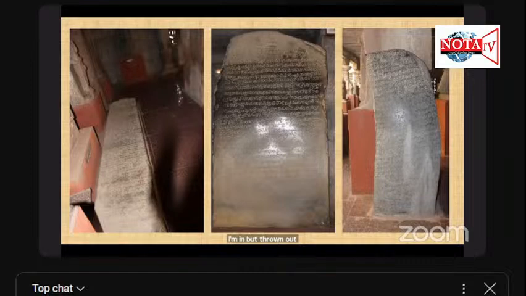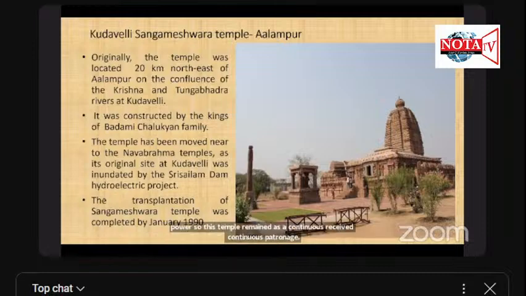That is what we have seen. It's such a sad thing. But Alampur, probably being a Shakti Peetha, and because it has that power, this temple received continuous patronage.